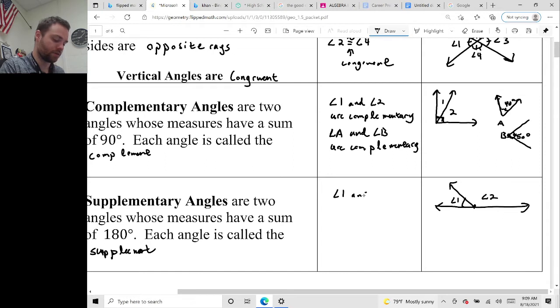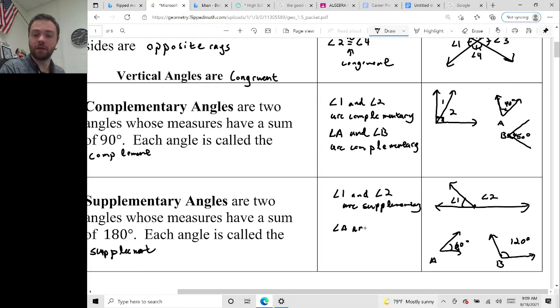Angle 1 and angle 2 are supplementary. And then you've got angle 60 degrees over here. We're going to call that A, so a different A than the other example. And then I've got angle B, which is 120 degrees. So angle A and angle B are supplementary.